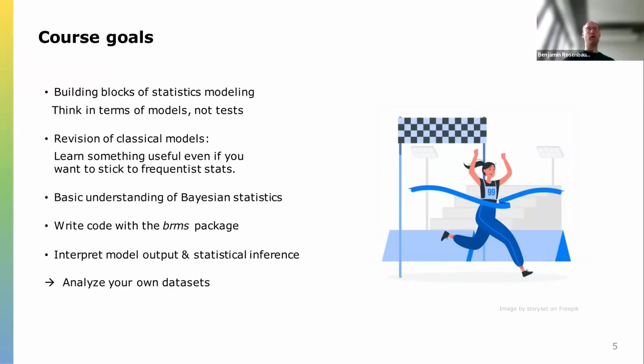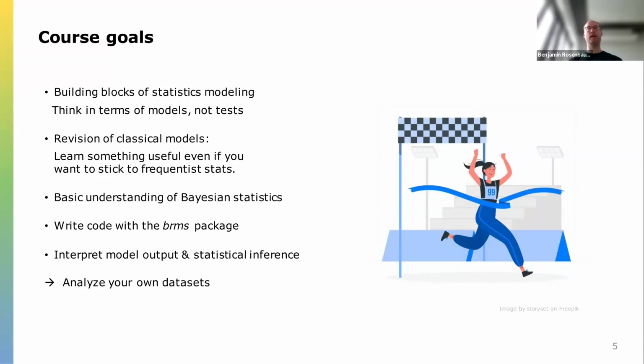We will go through classical groups of models, for instance, linear models, ANOVA, generalized linear models, and so on. So I think this course is useful for you, even if after this course you do not want to use Bayesian statistics and you want to stick to, for instance, lme4, frequentist statistics, and so on.